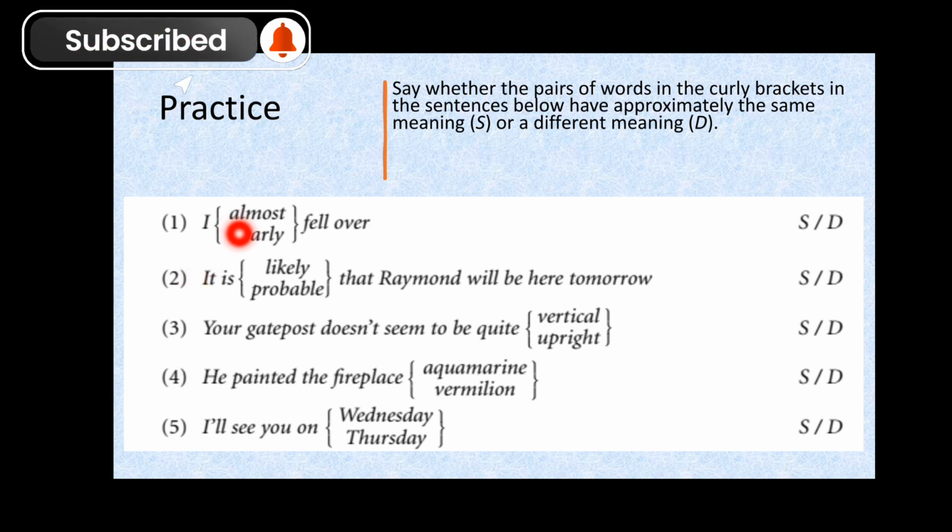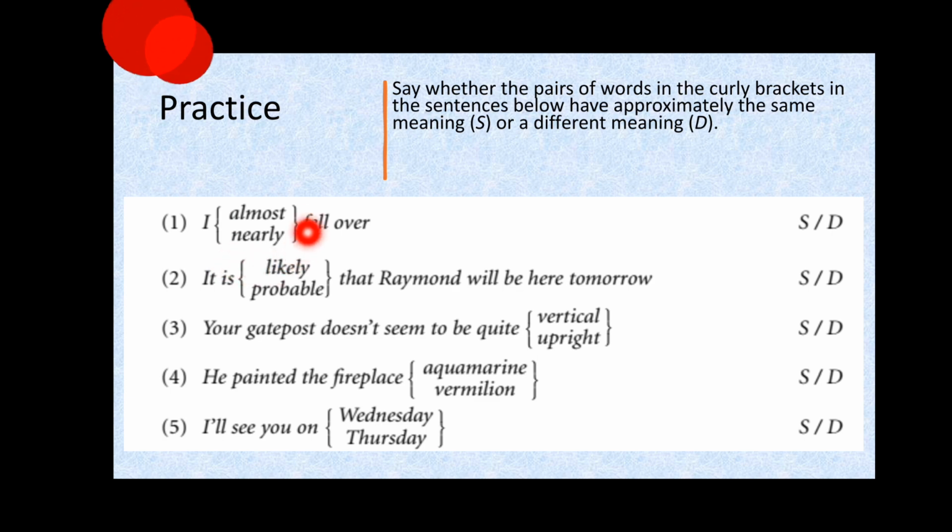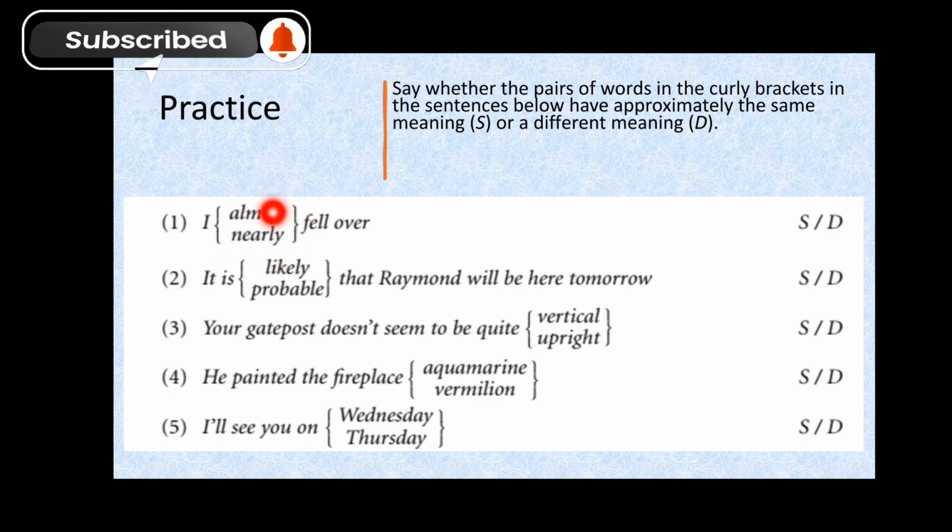I almost fell over and I nearly fell over. So what do you think, do the words in the curly brackets, almost and nearly, have approximately the same meaning, or different meaning?